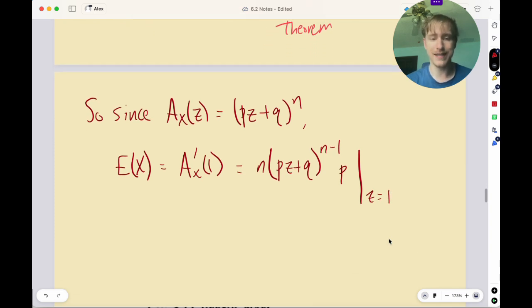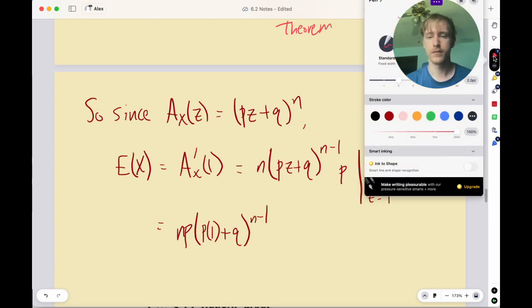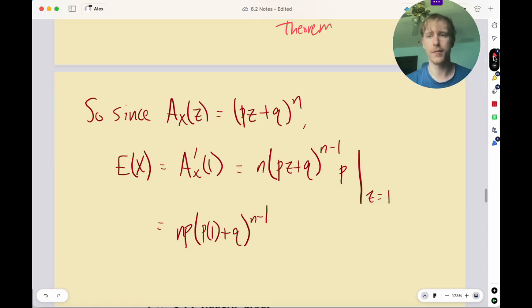Okay, but if I plug in z equals 1, I'm going to go ahead and pull this p out in front. So it's going to be np times p times 1 plus q to the n minus 1, which is just p plus q. Okay, but p plus q, the probability of success plus the probability of failure, has to be 1. So we have np times 1, which is np, which matches what we knew the expected value to be.